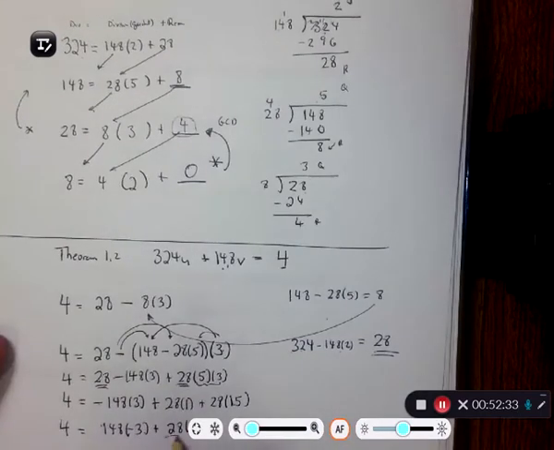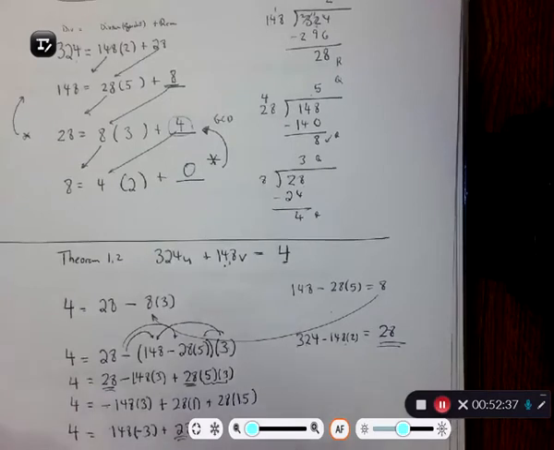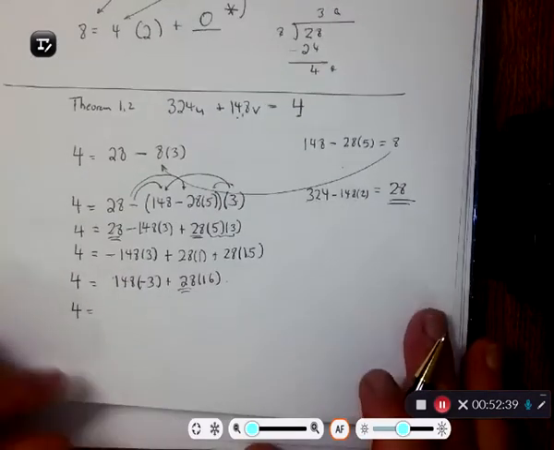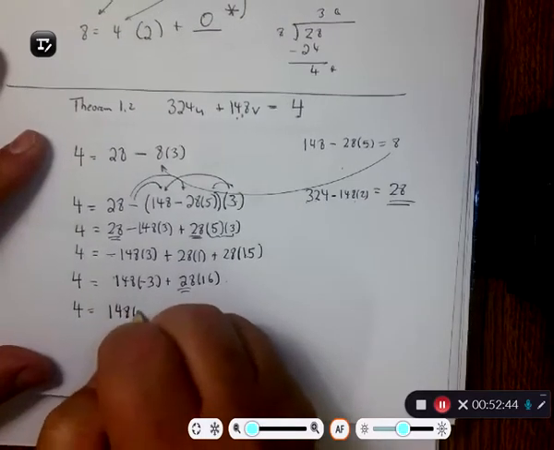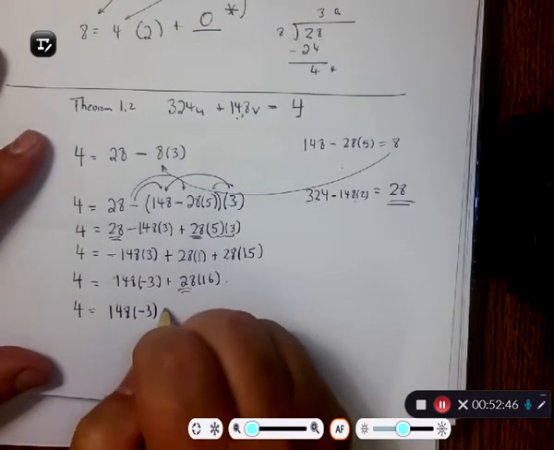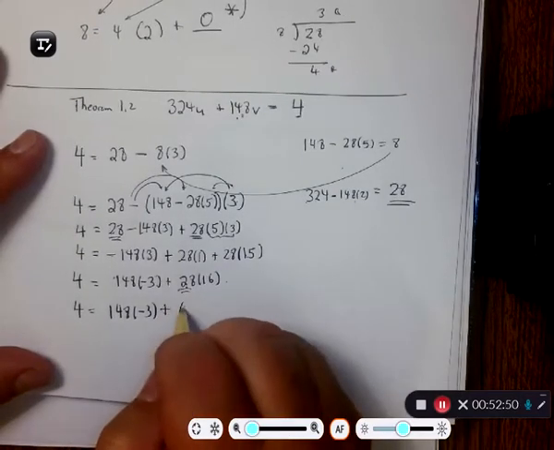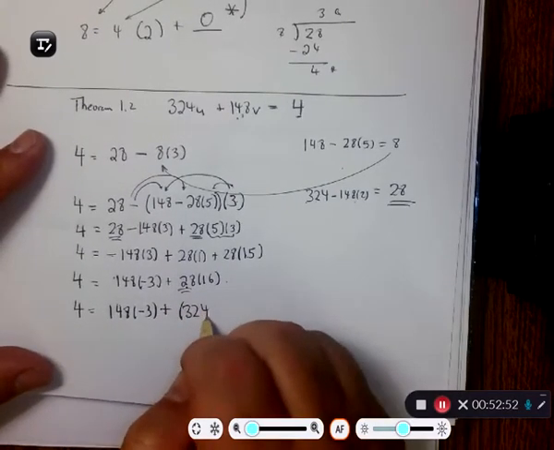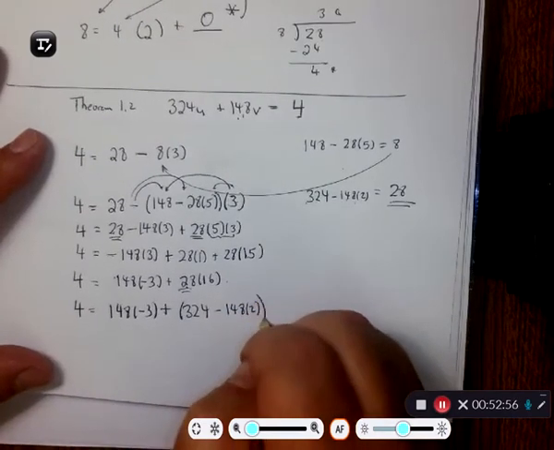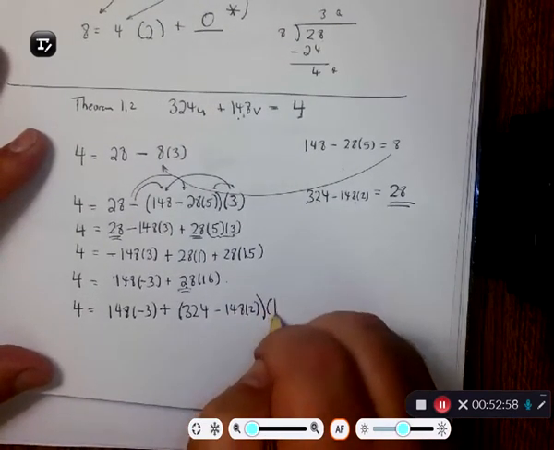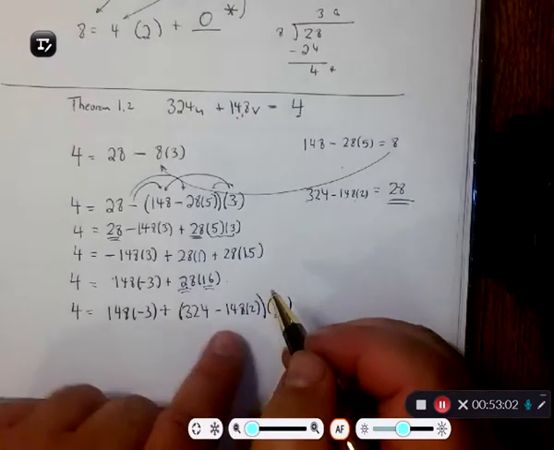So substituting it right in there, this would be 4 is equal to, down here you guys can see it, 148 times negative 3 plus 28 is substituted in for 324 minus 148 times 2, and that whole thing times 16. The 16 still stays there. I'm just substituting in for the 28.